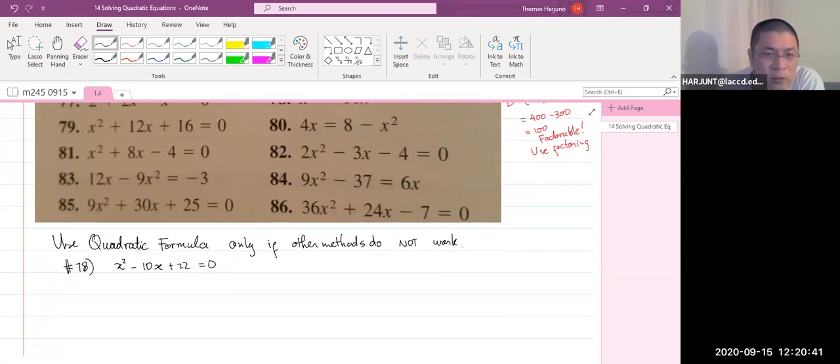It's nothing, right? So it's not factorable. Okay, now should I use formula right away? No, I don't think so. Why? Because completing the square will work pretty well. So let's proceed with completing the square method.